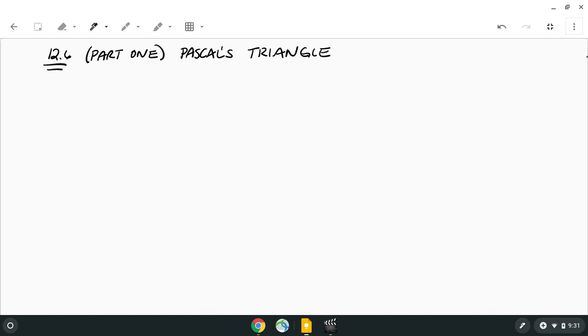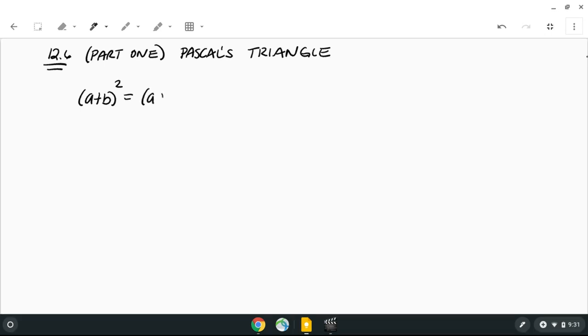So before we go into Pascal's triangle, let's just keep a general binomial, and let's see what happens when we raise it to the second power. Okay, so that basically means a plus b times a plus b.